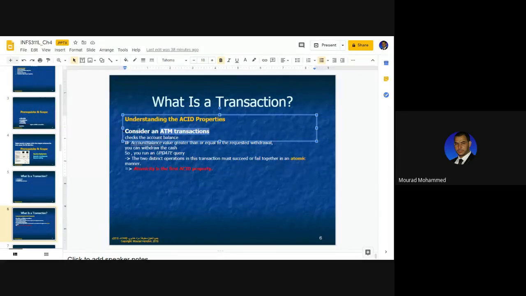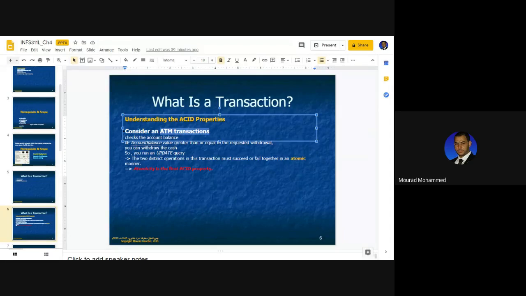What is the problem? The problem is the last step, the update, to take off the amount he withdrew from his account. The machine has given him 10 riyal, and it still has to update his account. It has to deduct the 10 riyal from his account. There was a problem making the machine run fine, which is an electricity cut or short circuit.